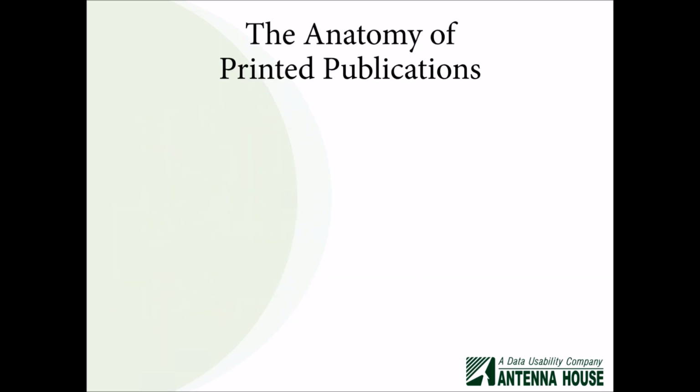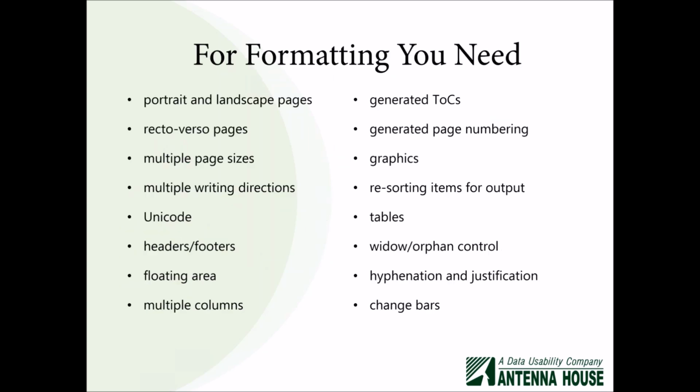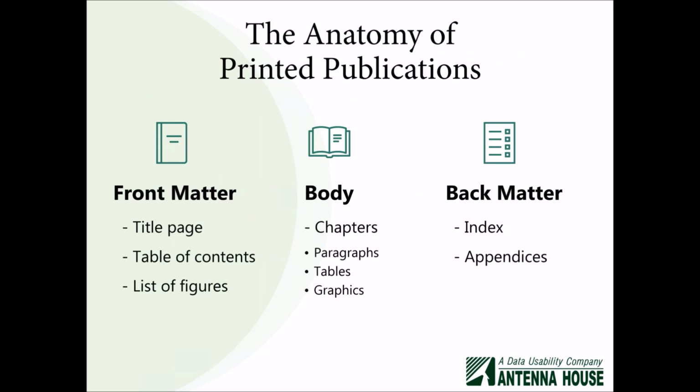If you look at a printed publication, what we're trying to build in an automated manner, you have front matter, and typically in front matter, there'll be the title page, table of contents, list of figures, the body, which has chapters, paragraphs, tables, graphics, a lot of components that go in there.